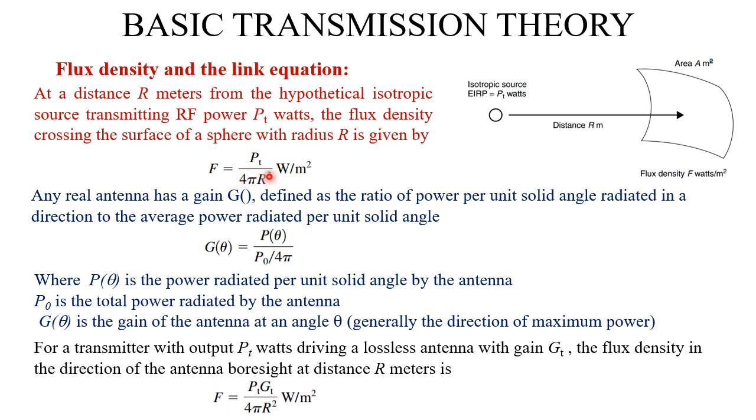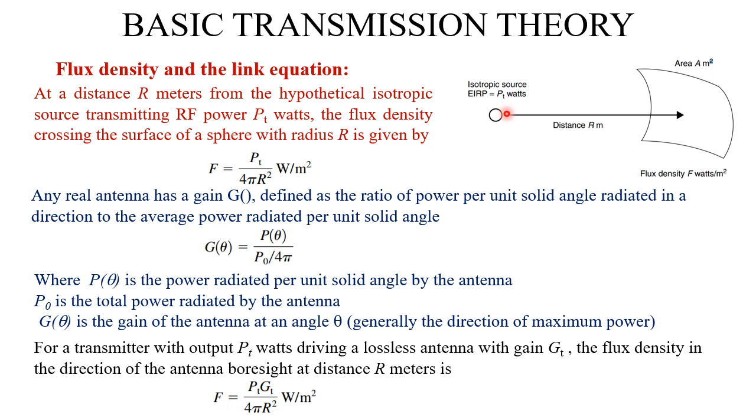Actually, this 4 pi r square is the area of a hypothetical sphere around this isotropic source. So if you consider a hypothetical sphere of radius r around this isotropic source, then all the power Pt radiated by this source should pass through the area of that particular sphere, right?